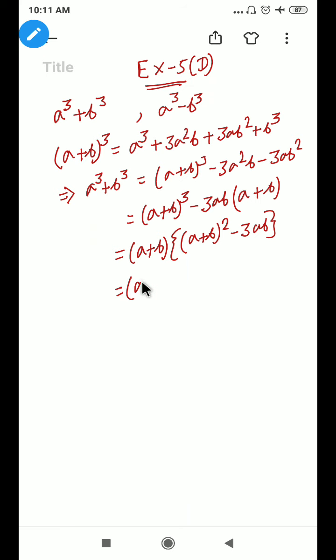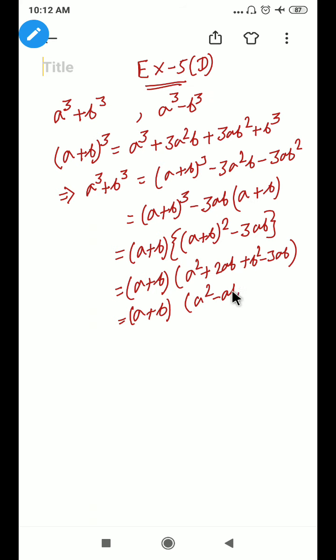Now if you open the bracket, you will get a square plus 2ab plus b square minus 3ab. Now if you calculate it, you will get a square minus ab plus b square. So this is the formula for a cube plus b cube.